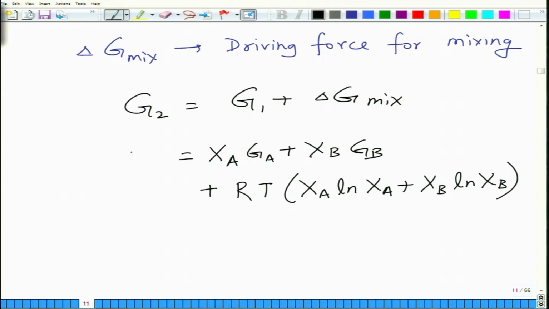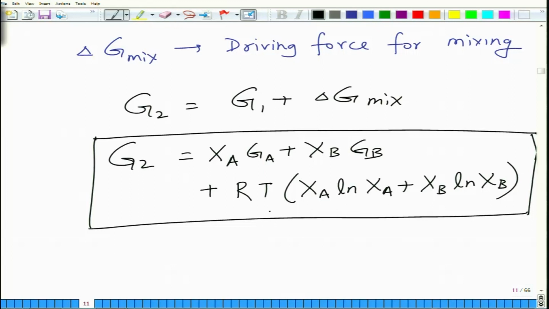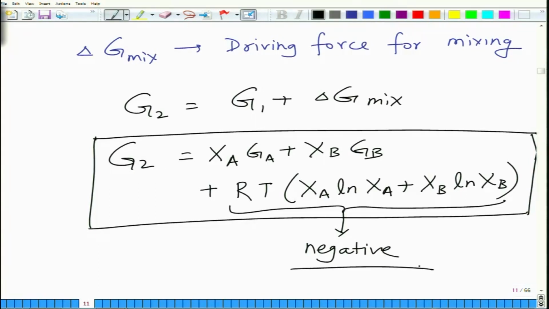So, this is the overall free energy of the solution, and you have to appreciate that this term actually is negative, and that is what makes the free energy of the mixed solution lower than the pure solution.